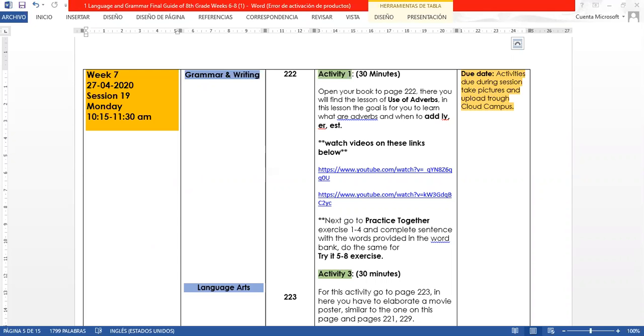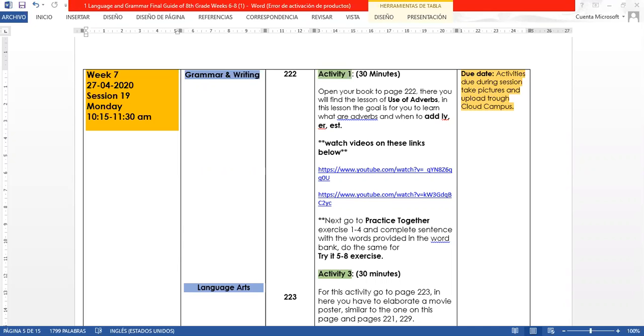Then we have the try it. So when we have the try it exercise, we have again 4 sentences. And remember 5 to 8. And remember, of course, to read the instructions.